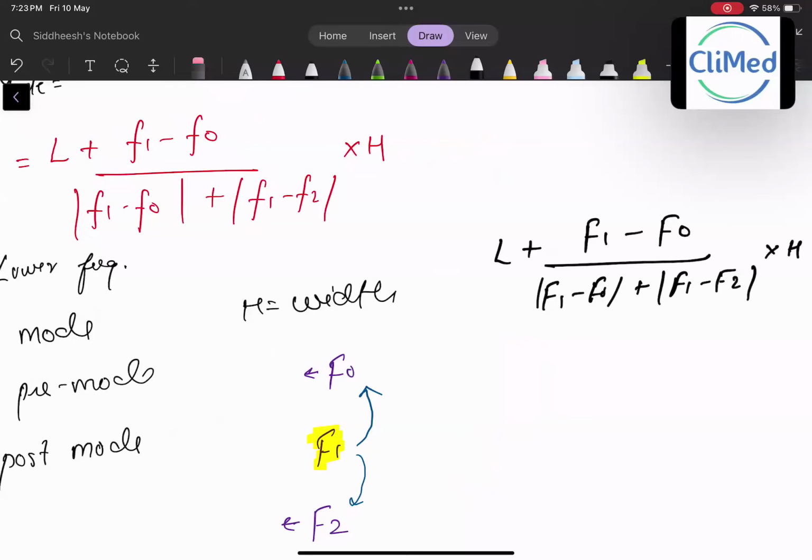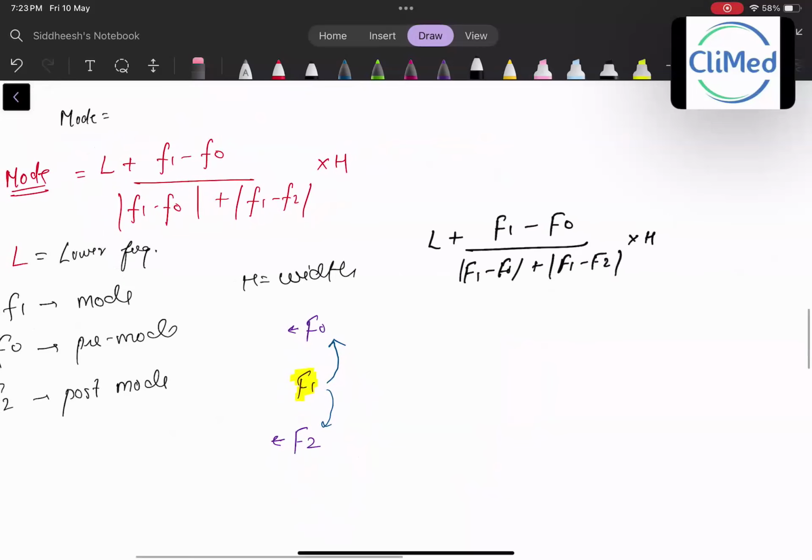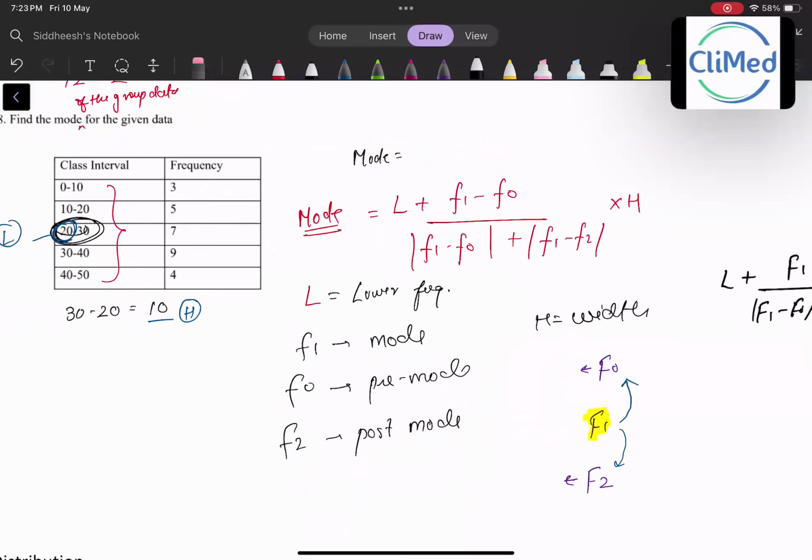This is the trick to remember this formula. Correct? Now let's come to the solving part. As per the definition, what is mode? The most frequently occurring observation. See Arun, in different books we have different types of formulas.